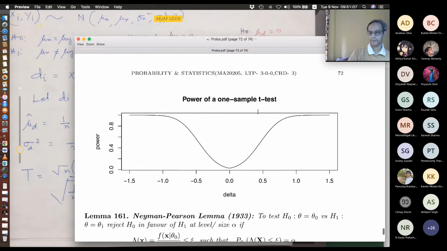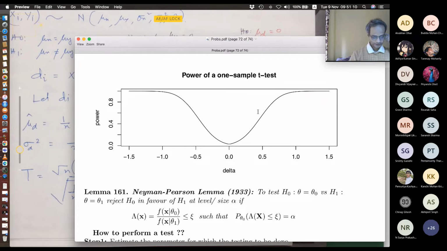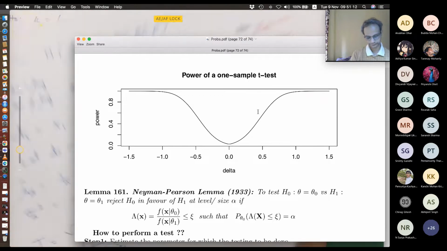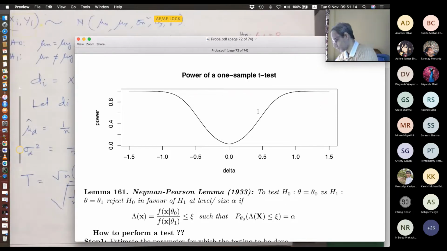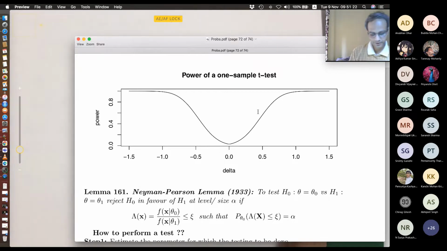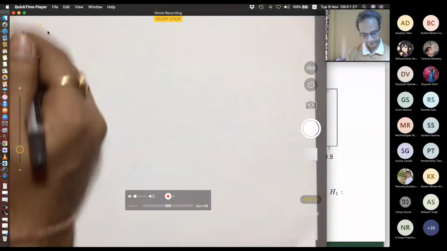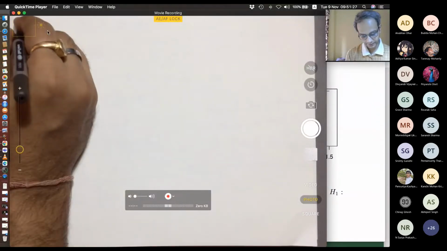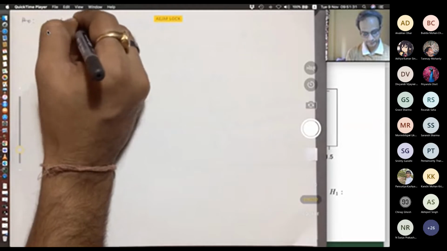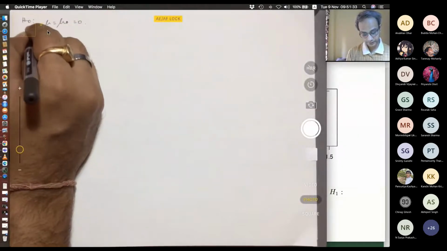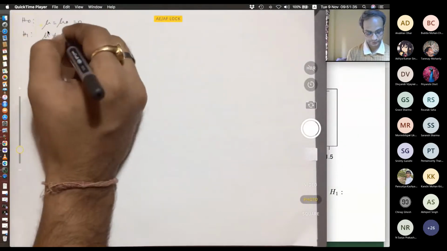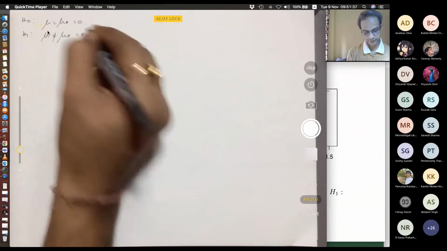Okay, so power. So now here you can see the power curve, as we have told. Suppose this is the situation: H0 mu equals mu naught, maybe say 0, H1 mu not equal to mu naught, which is 0.